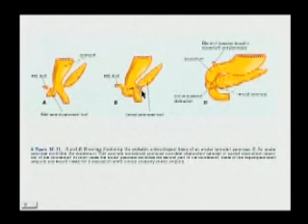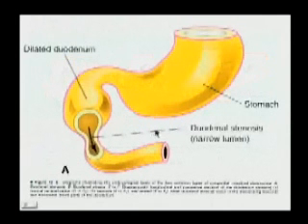Well, if there's an aberration where they rotate in the opposite direction and meet, then there can be an annular process rather than just the hook, the uncus that was mentioned. There can be a complete annular surrounding of the duodenum by the pancreas, and this can create an obstruction.